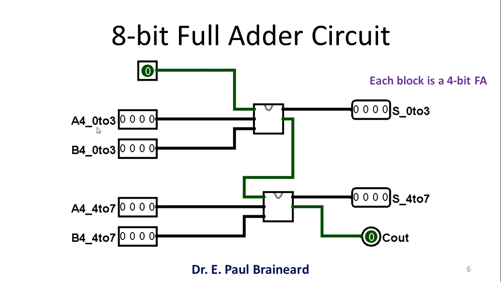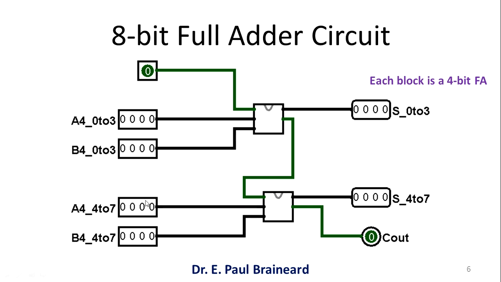If I represent them as data, it is D0, D1, D2, D3. There are 4 bits for input A, then 4 bits for input B. I add these 4 bits from the two inputs A and B, and I generate the sum here. If there is any carry, I forward it to the next stage.